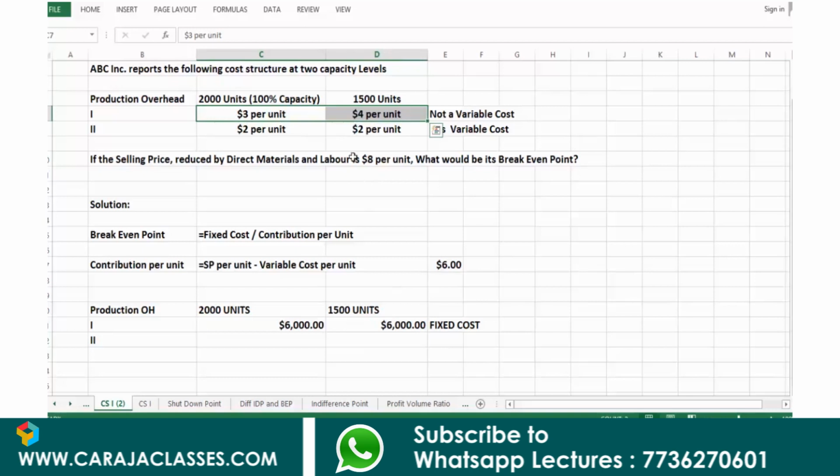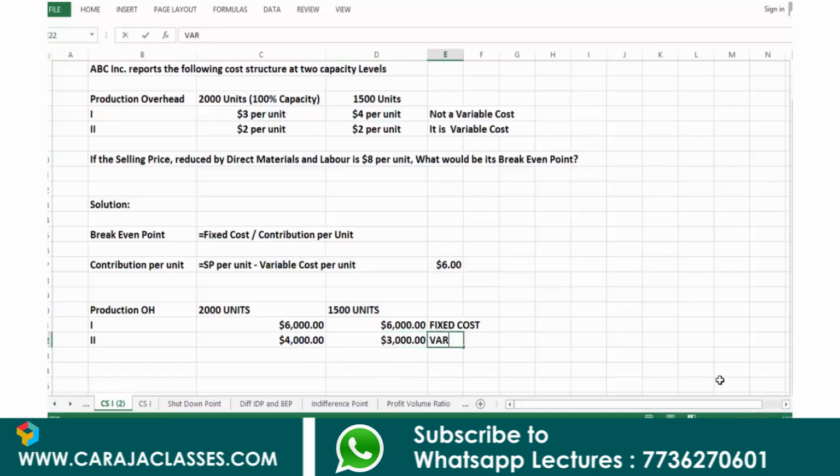And now let's test for the variable cost. Variable cost per unit will not undergo a change, but in totality it will. How? We had 2000 units multiplied by $2 per unit, and it was $4,000. And when the production came down to 1500, it became 2 into 1500, and the cost came down from $4,000 to $3,000.